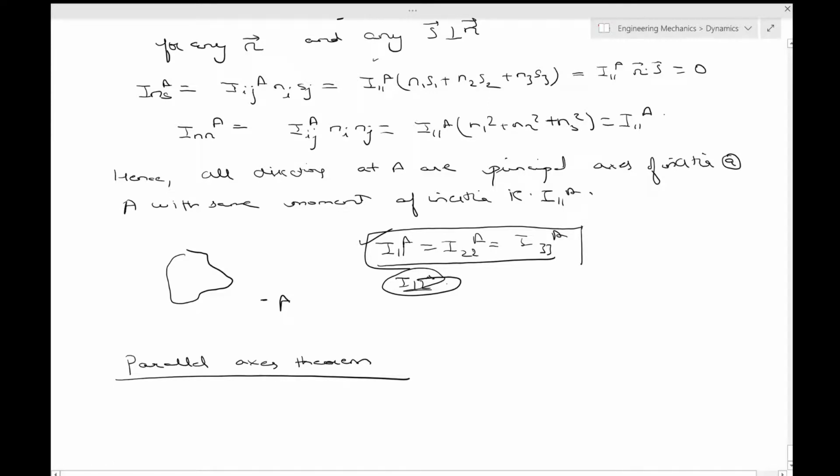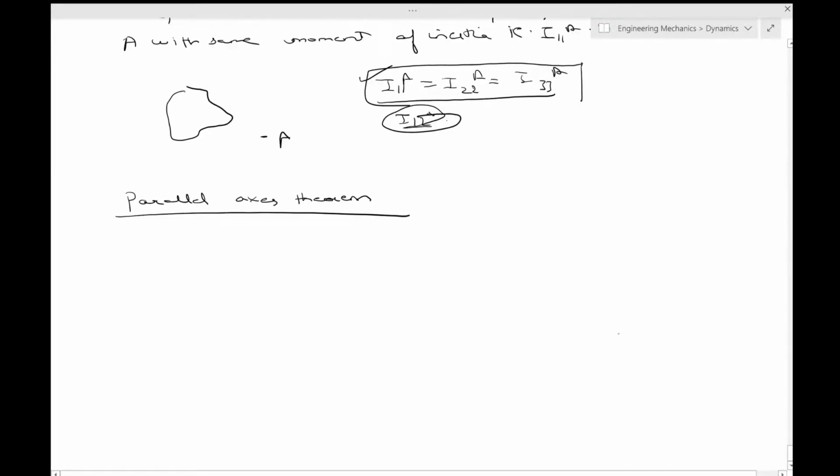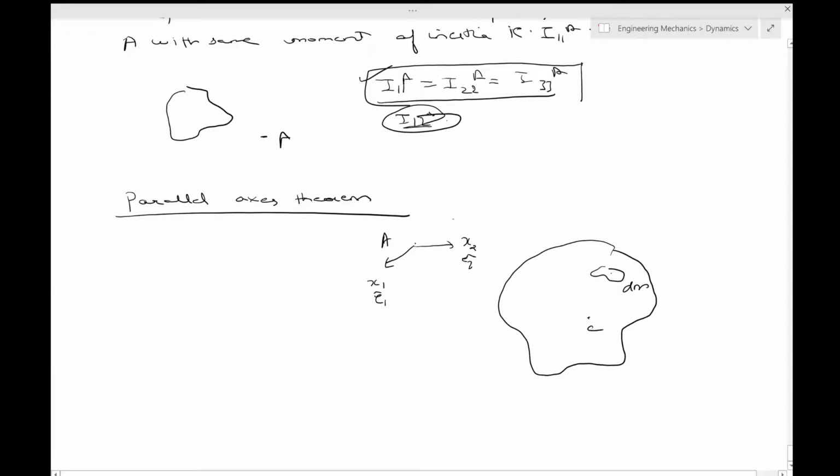So if you have a body of mass m, and C is the center of mass, this is point P, this is point A, with axes x1 along E1 hat, x2 along E2 hat, and x3 along E3 hat.